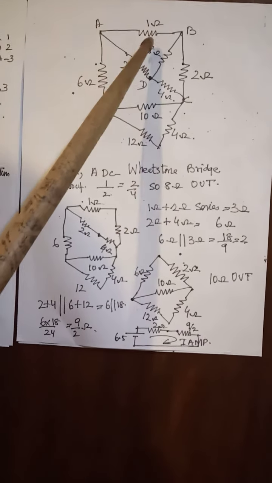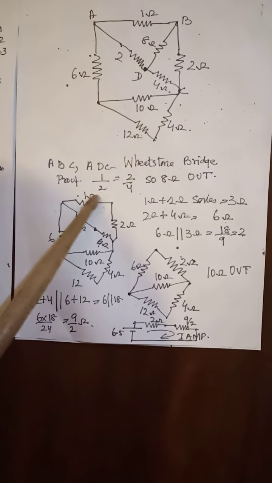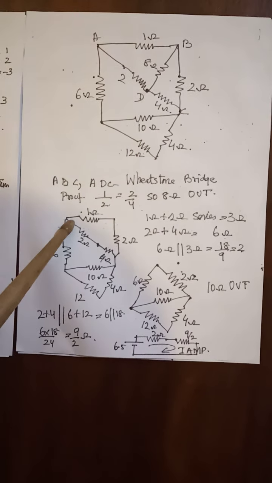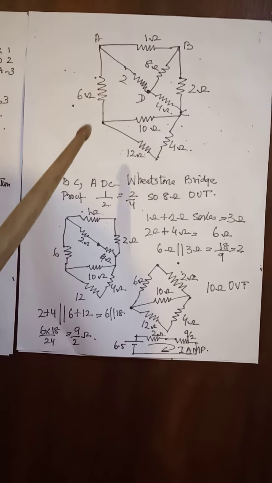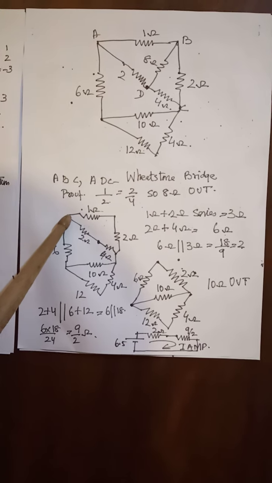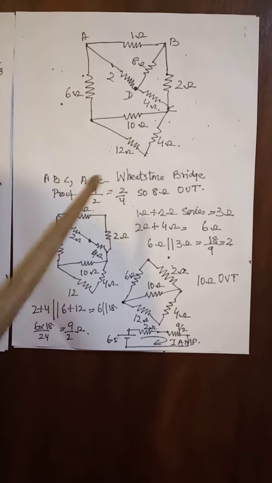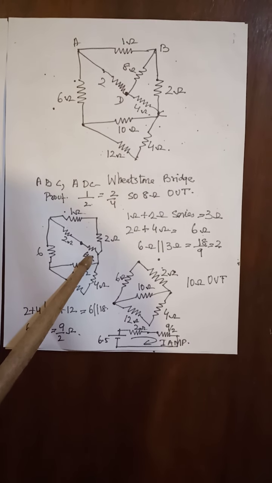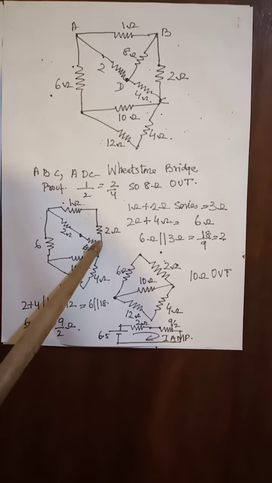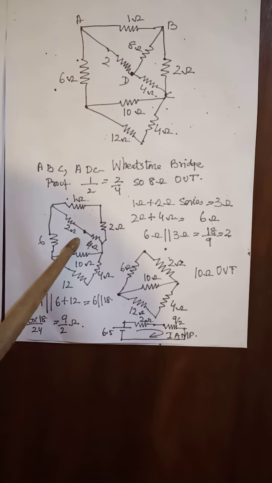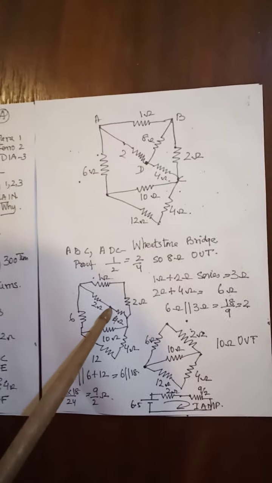So now this is left. So 1 ohm, 2 ohm, 2 ohm, 4 ohm. Now you have to remember parallel combination. 1 and 2 is 3, 2 and 4 is 6 ohm. Parallel combination will be what? 3 into 6 by 3 plus 6, 3 into 6 by 9.